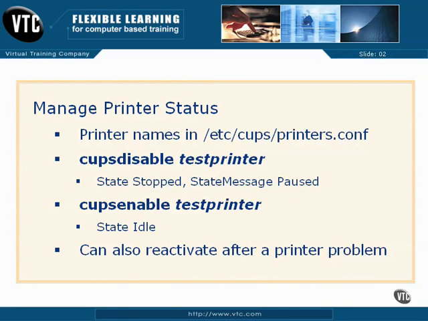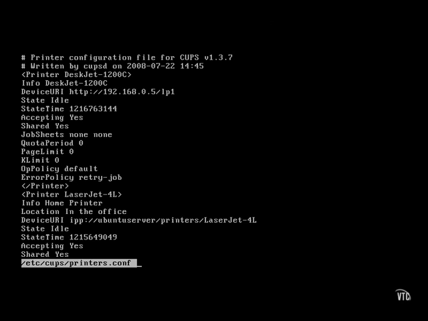Now let's manage the status of printers with the cupsdisable and cupsenable commands. To review printer names, take a look at your /etc/cups/printers.conf configuration file. Any printers that you've configured should be in here. The first printer in here is DeskJet-1200C.